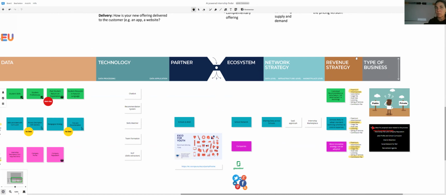Working with the canvas is giving orientation, double checking the blind spots, and getting a real comprehensive 360 degree view: okay, I got the idea of this, are all the relevant dimensions already mentioned? If we want to dig deeper, this is another content level.